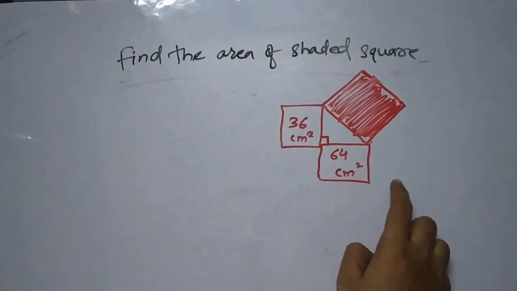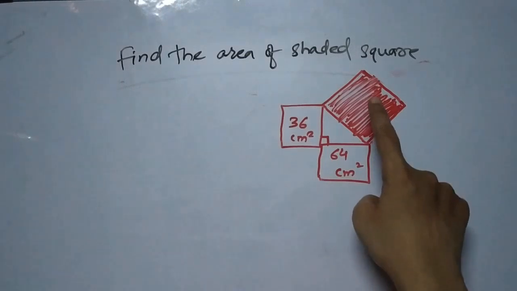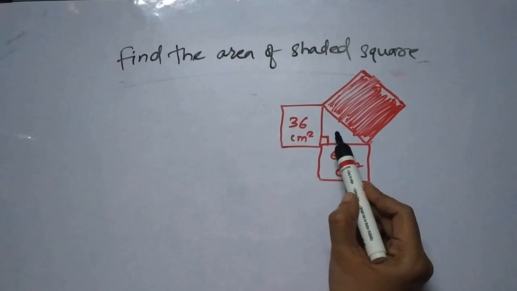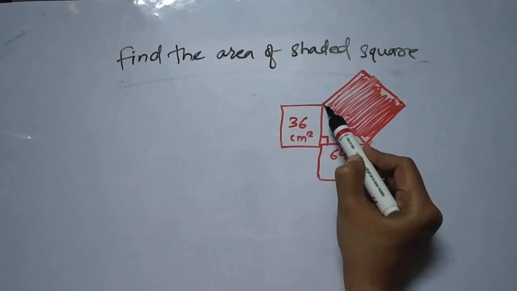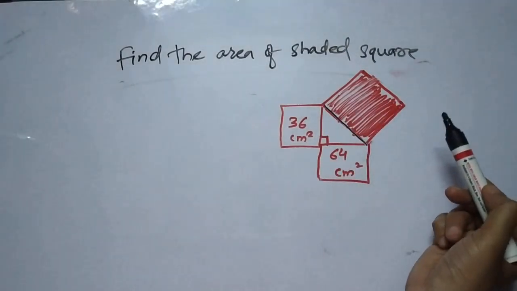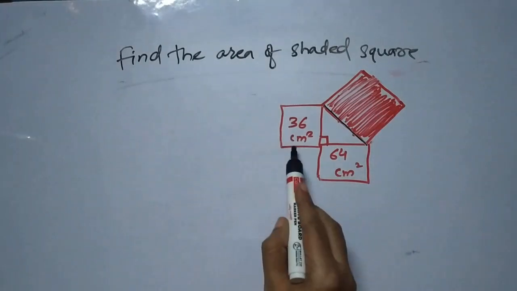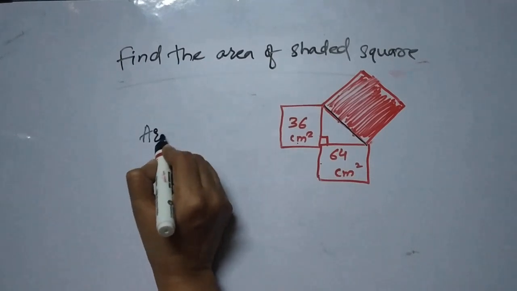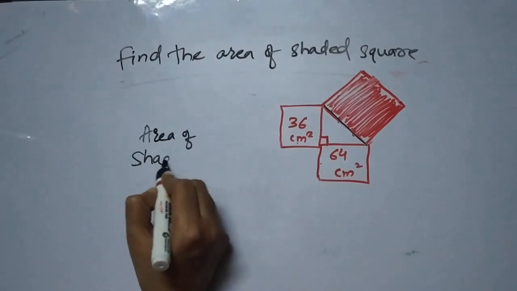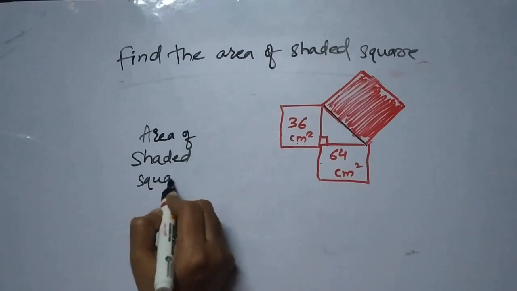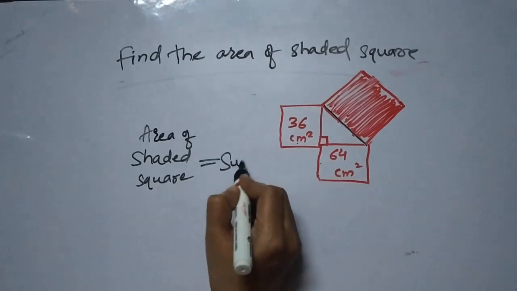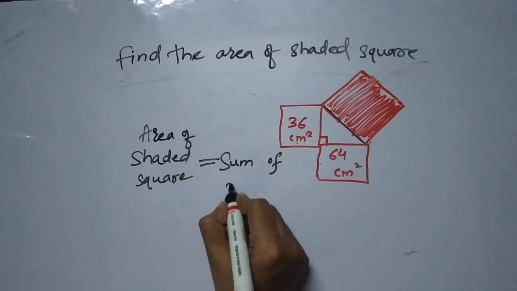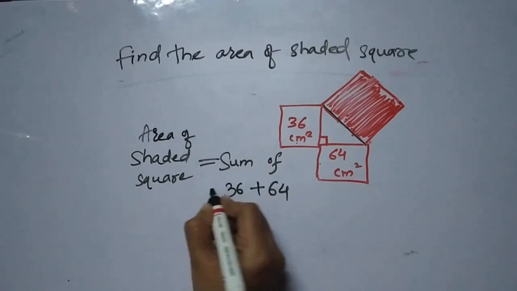So here we need to find the area of this shaded region, this shaded square. We know that this is a right angled triangle, and the square made on the hypotenuse is always equal to the sum of the squares on the remaining two sides. So we can easily find the area of the shaded square as the sum of these two squares, 36 and 64.